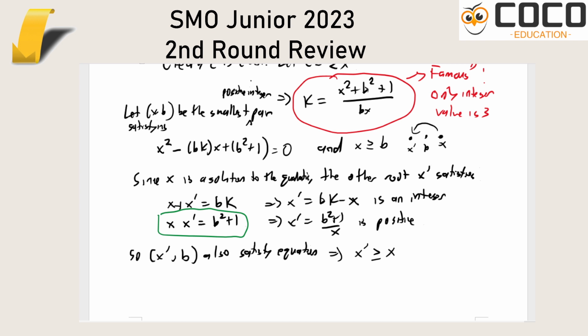But that looks weird because now this means that x is at least b, x prime is at least x. So x prime, which is supposed to be b squared plus 1, but then x squared is going to be more than b squared and yet smaller than xx prime.